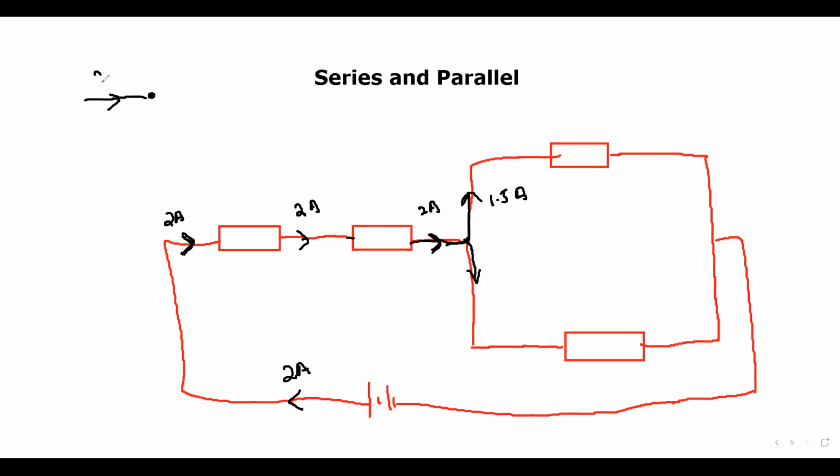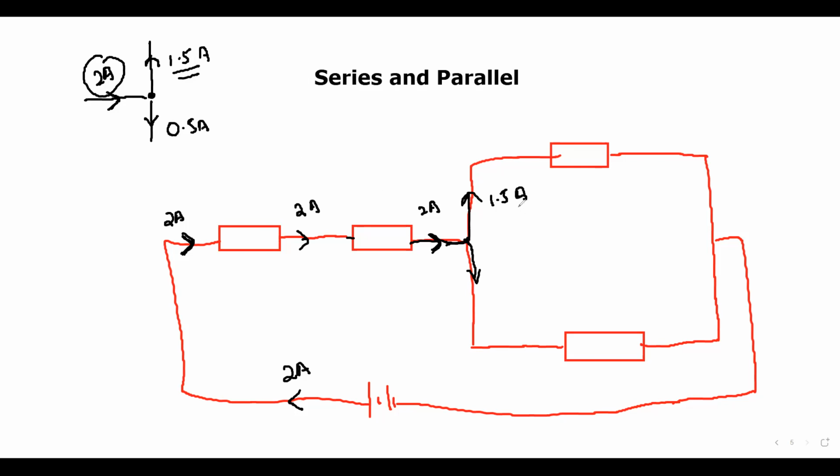Out of 2, 1.5 is going up. The total should be 2. It's not like we add them. So how much remains? 0.5 is the remaining current which will go down, because 1.5 plus 0.5 makes the total 2.